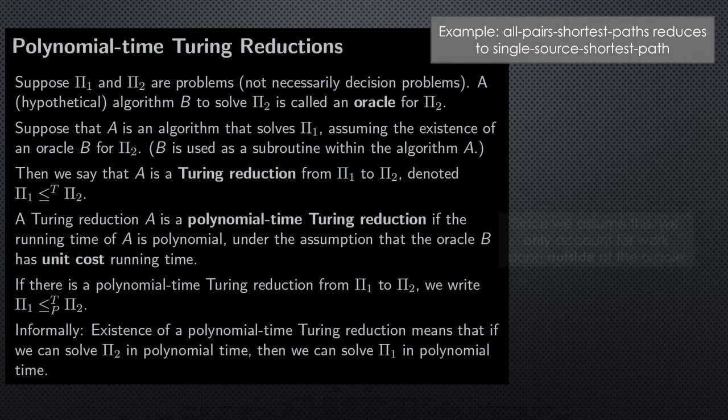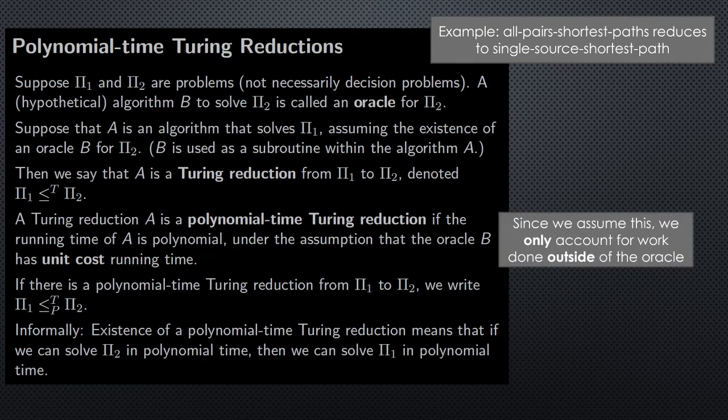Okay? And you can argue that that would be a polytime reduction because you would do at most one call to the oracle for each vertex in the graph, and we'll see more about that later, but you can see that that's a polynomial number of calls. The number of calls to the oracle will be polynomial in the input size, and everything else we do in that reduction would be polynomial in the input size. So that would be a polytime reduction from all pairs shortest paths to single source shortest paths.